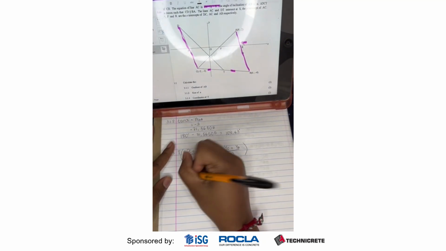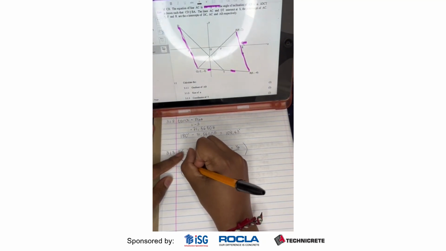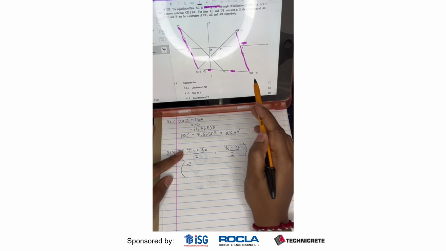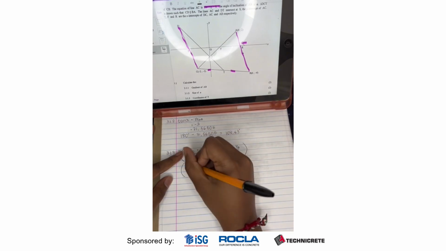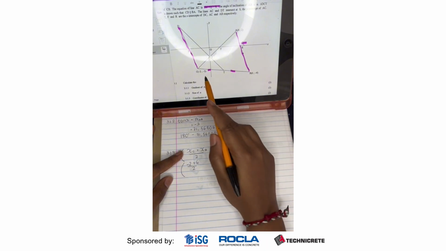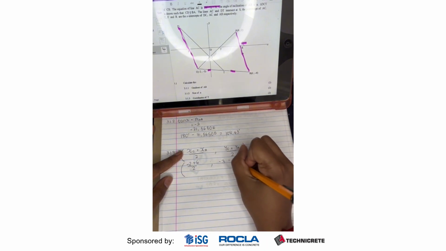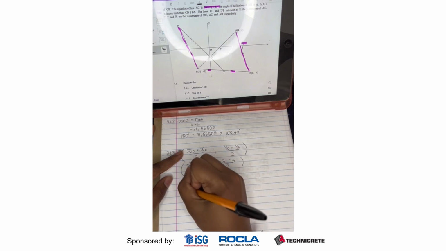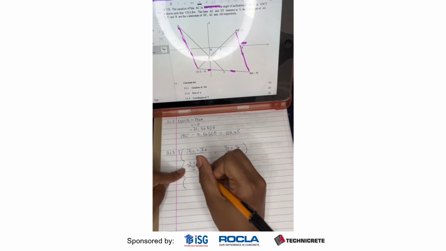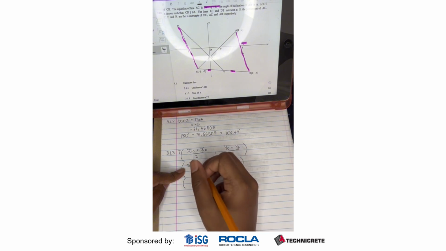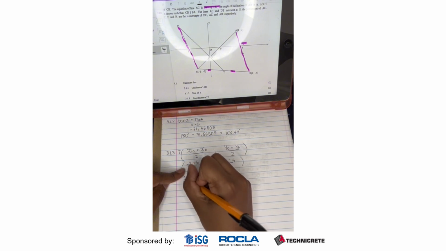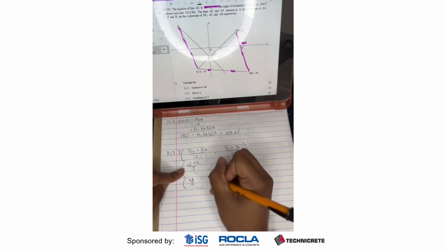So my x of C is negative 2, and my x of B is positive 6, over 2. Y of C is negative 3. Y of B is negative 4, over 2. So for my x value, it's going to be minus 2 plus 6, which is positive 4 over 2.